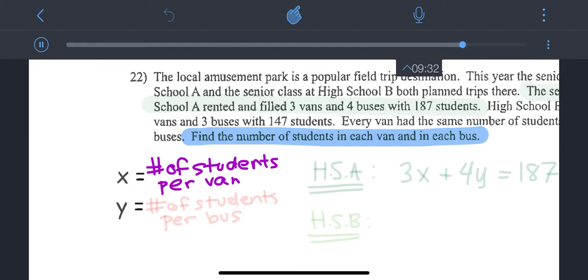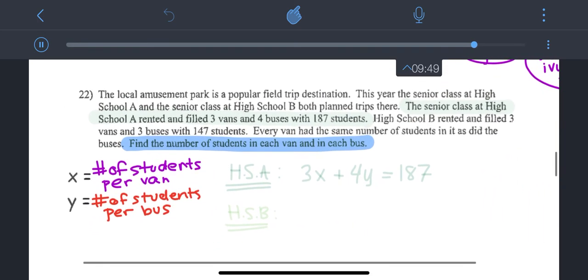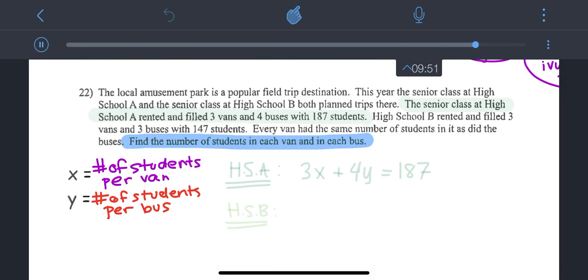Well, number of students in the bus, number of students per bus. So what I'm going to do is I'm going to set up our first equation, and I want you guys to take care of the second equation and solve the rest of the problem.